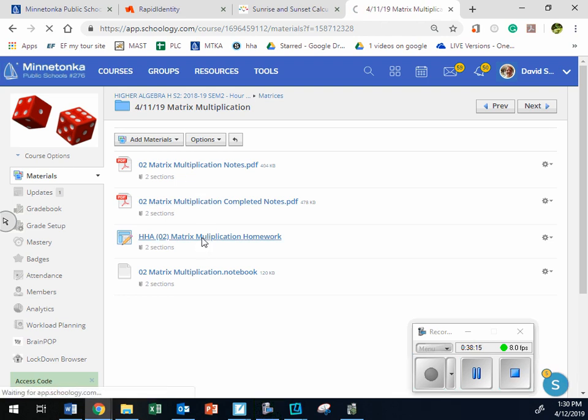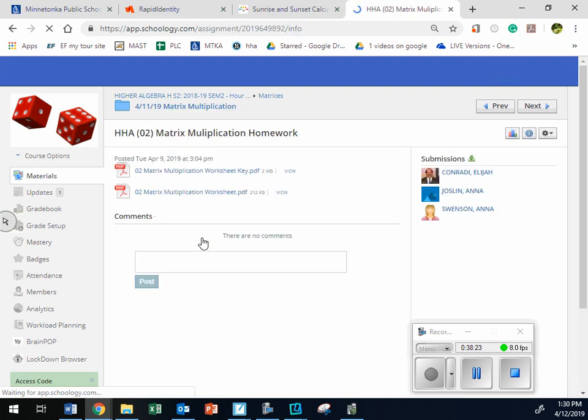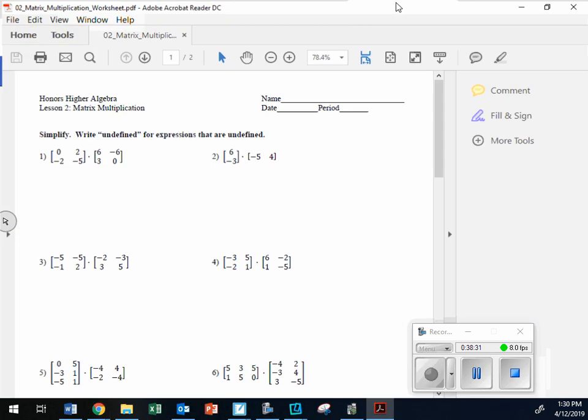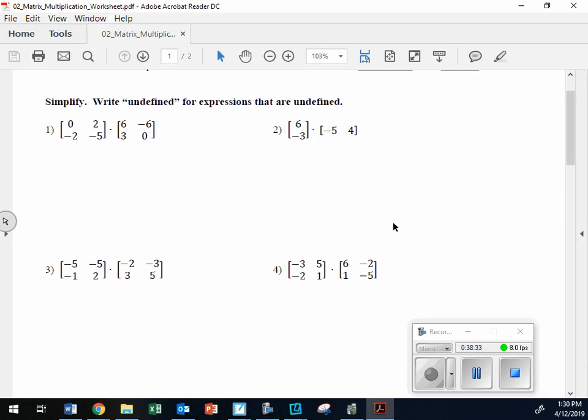If you go into the homework, sorry, it's taking a second, but Schoology's slow today, and then I click on this one. And here are the ones that you can skip. We're going to do 1 and 2 and 3. Then you're going to skip number 4 because frankly it's too easy and too normal.